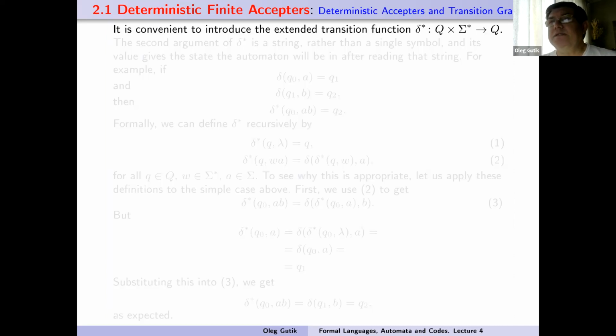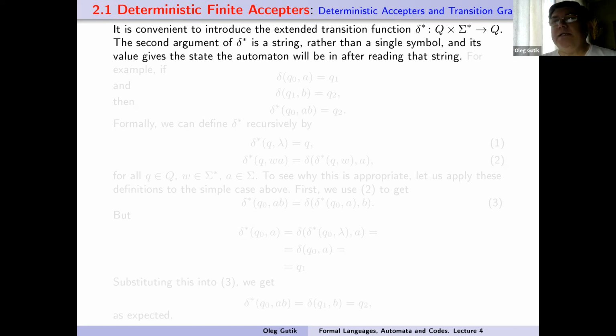It is convenient to introduce the extended transition function delta star from the product Q and sigma star into Q. The second argument of delta star is a string rather than a single symbol, and its value gives the state the automaton will be in after reading that string.